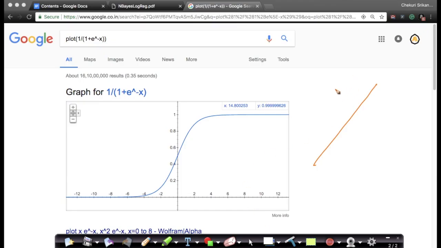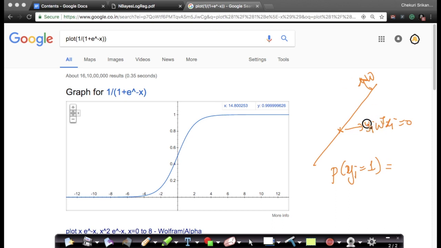Take this simple example: if you have a plane like this with w, and a point is exactly on the hyperplane, then its distance equals 0. Then w transpose xi equals 0, because its distance equals 0.